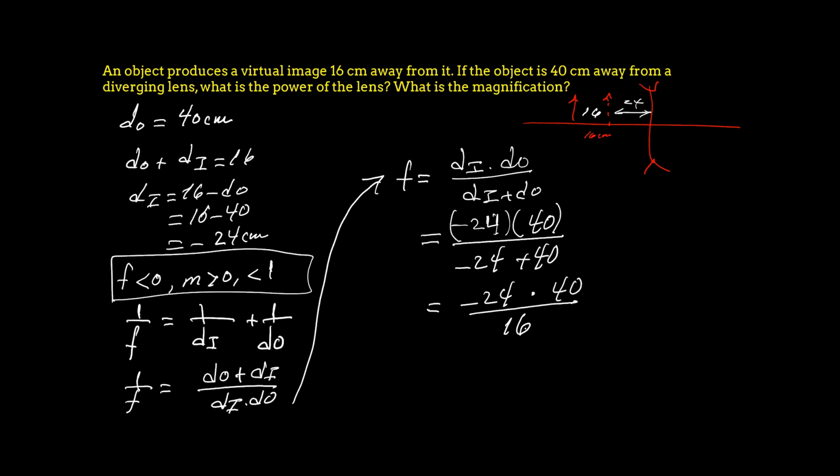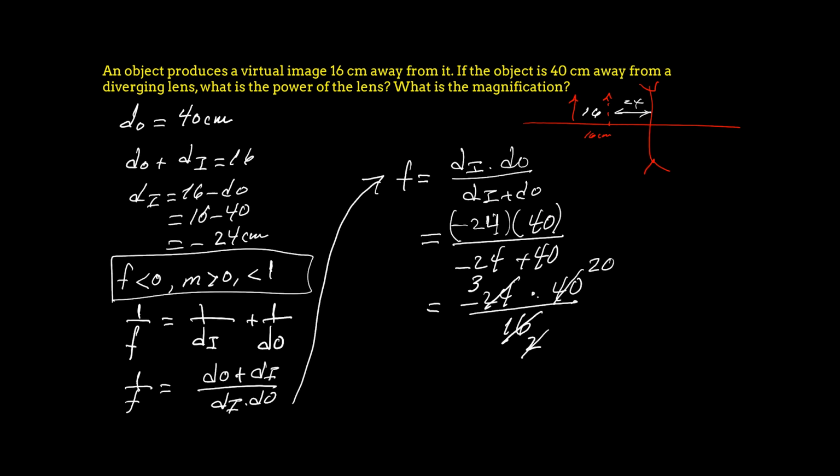We can divide by 8, which gives me a 2 and a 3, and this 2 and the 40 give me a 20.